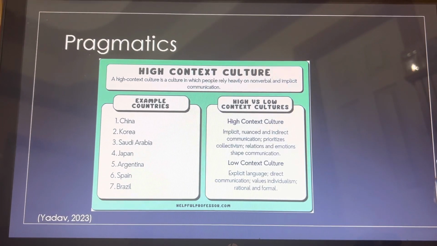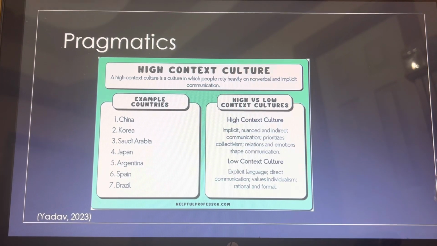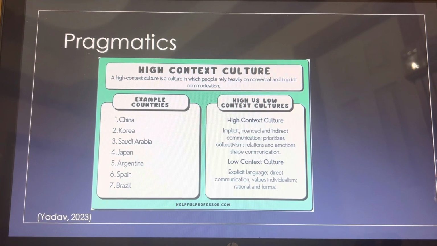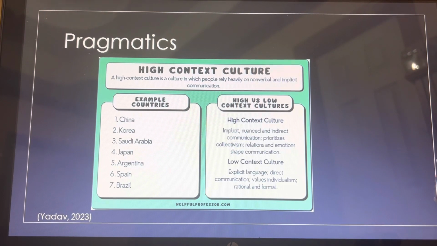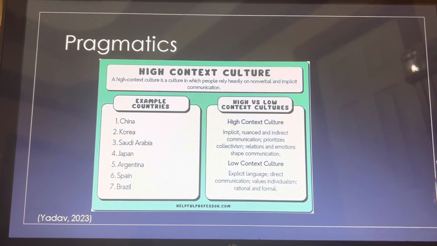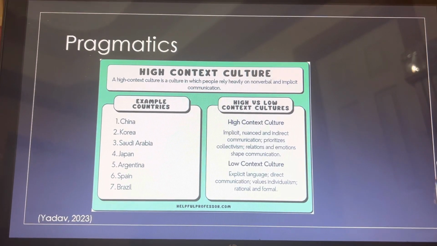And another difference is that the culture as a whole prioritizes collectivism, meaning that they aren't thinking so much about themselves as individuals. They want to make themselves better, mostly so that the collective as a whole will benefit, such as maybe in the workplace or the classroom.